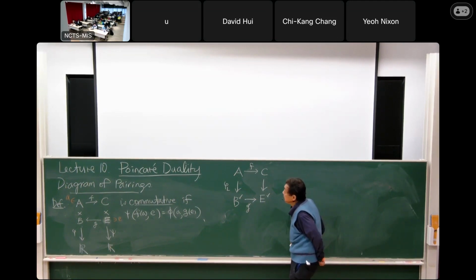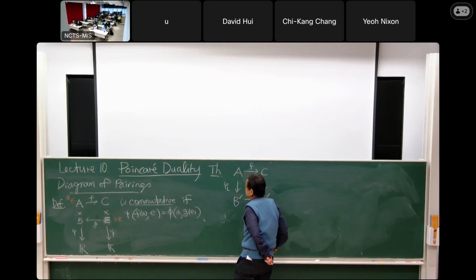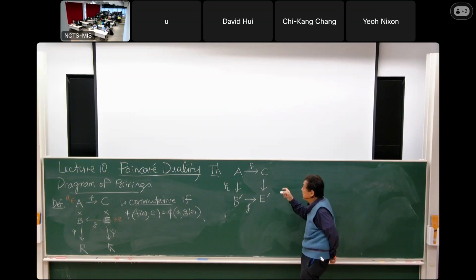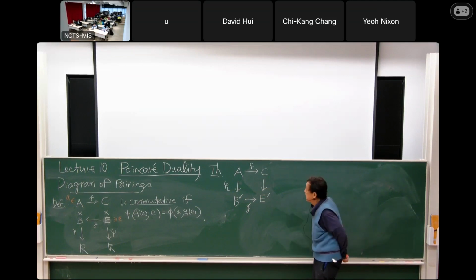And then the theorem is that the pairing diagram is commutative if and only if this is commutative. This is just a diagram of vector spaces.